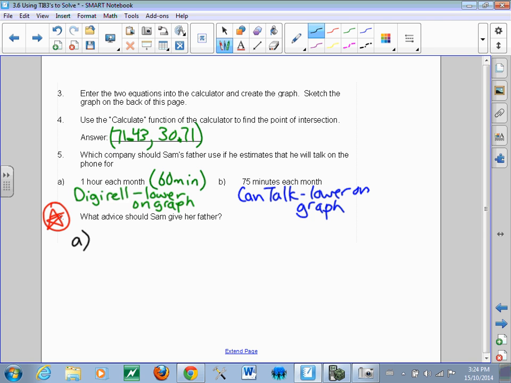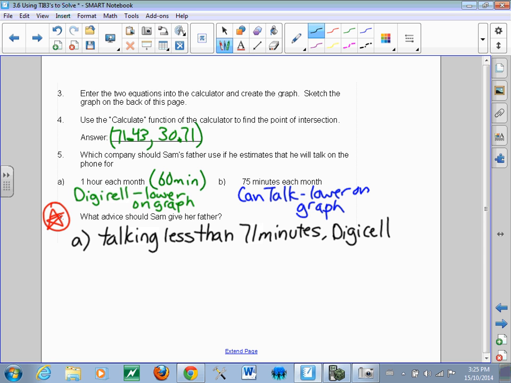So A, before the point of intersection, so talking less than 71 minutes, Sam should advise her father that Digicel is cheaper. Why? Because it's lower on the graph.